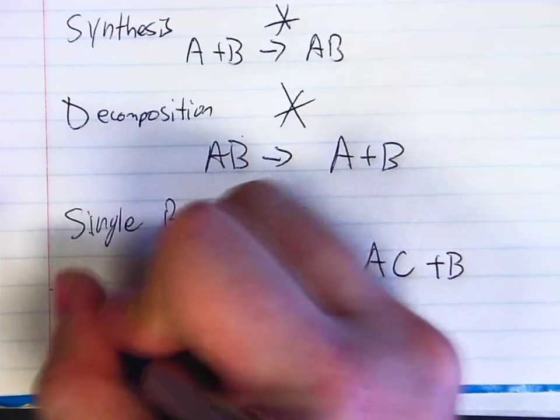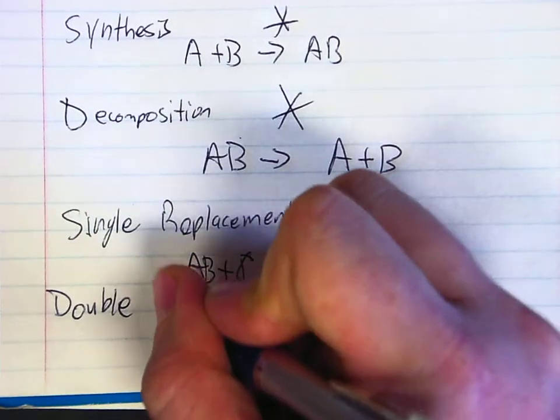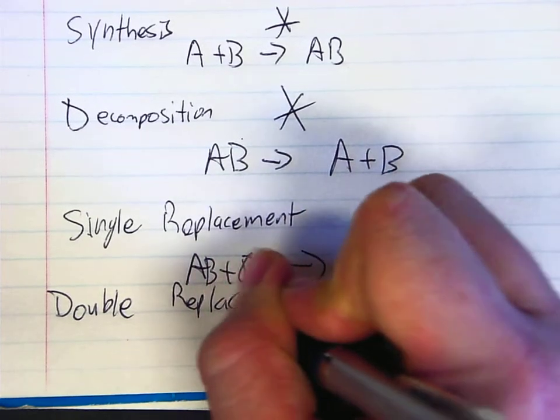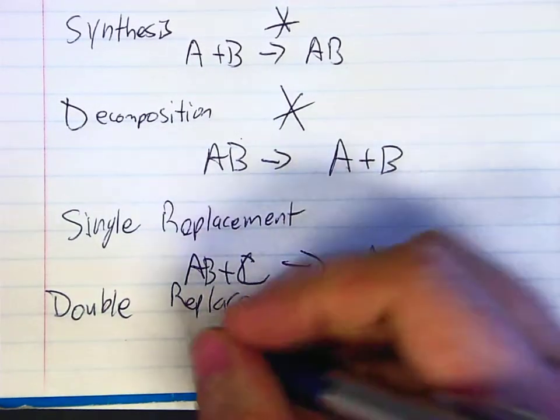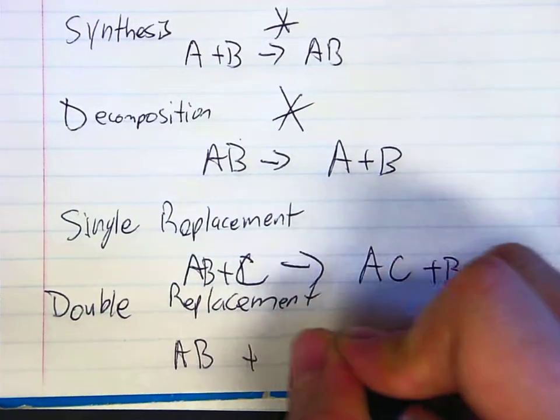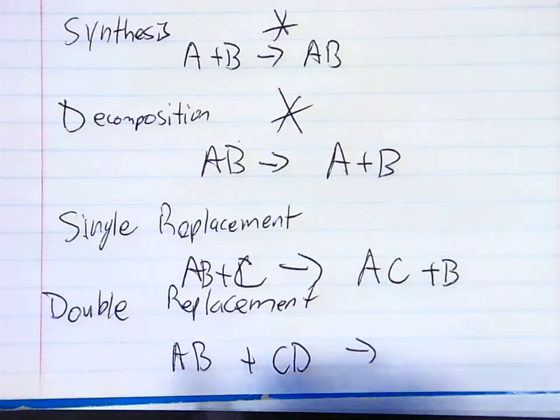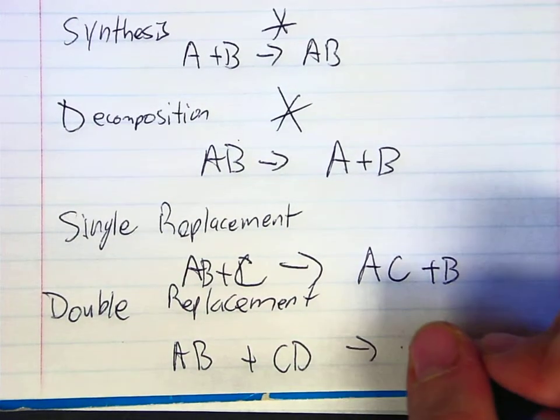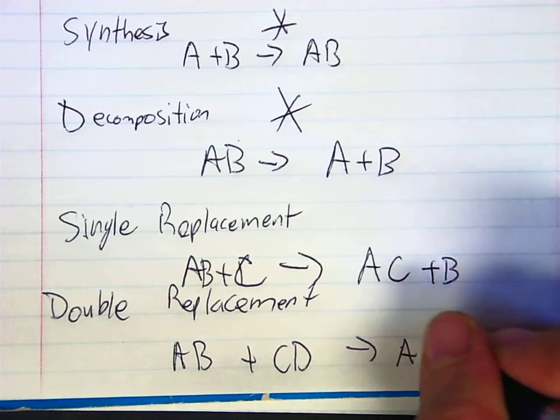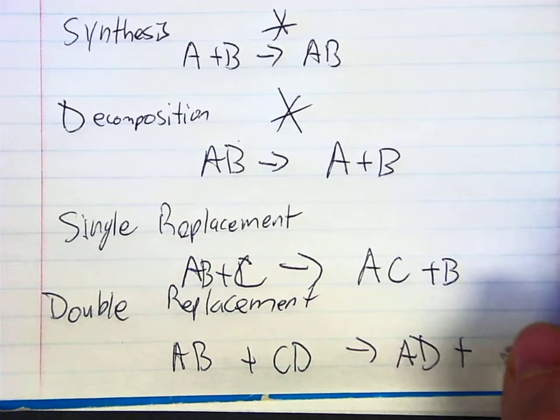A better, happier arrangement for everyone is a double replacement reaction, where A and B are dating, C and D are dating, and they switch who's dating who. So A is now dating D, plus C is now dating B.